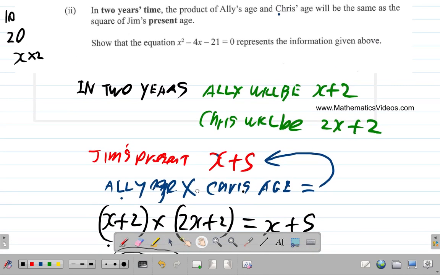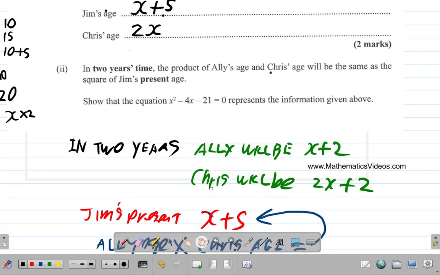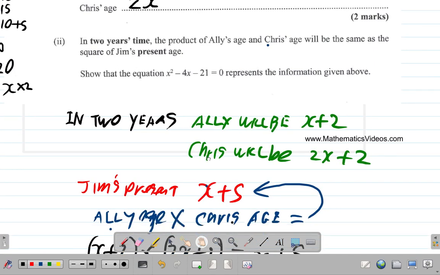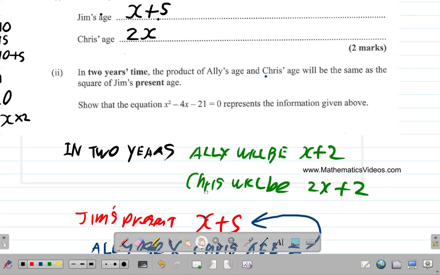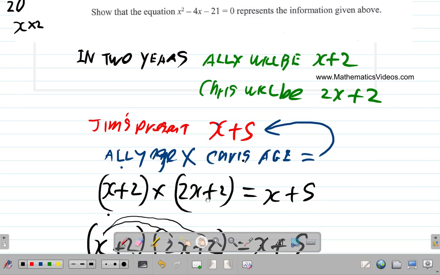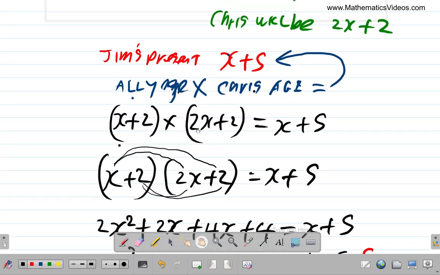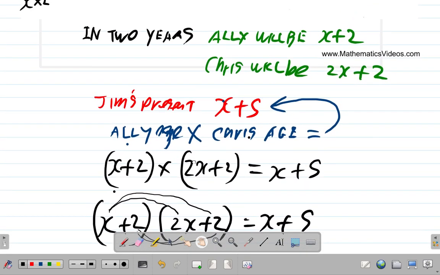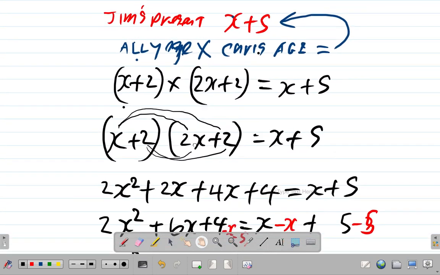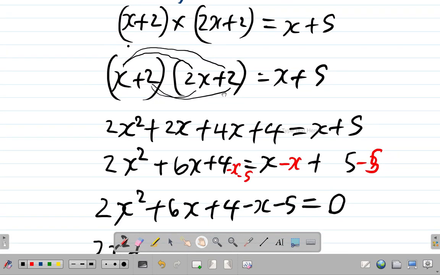So x plus 2, 2x plus 2, nice. Jim's present age, x plus 5, nice. Just check and make sure everything is alright. So you have x plus 2 times 2x plus 2 equal x plus 5. 2x squared plus 2x plus 4x plus 4 equal x plus 5.